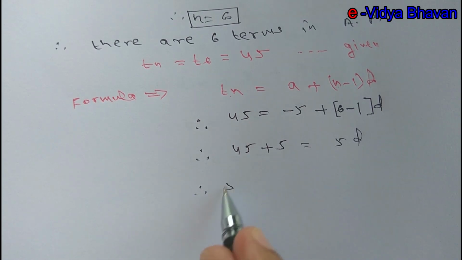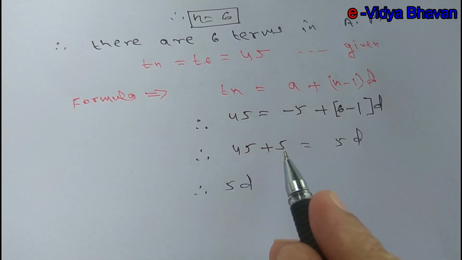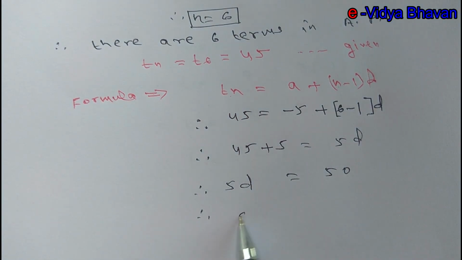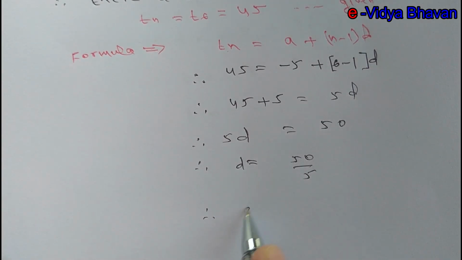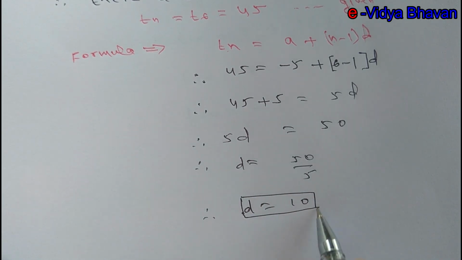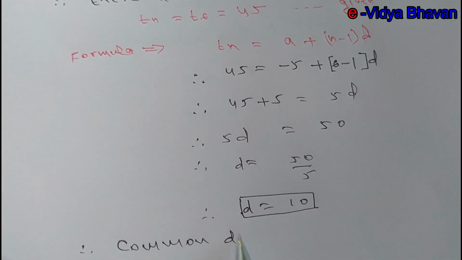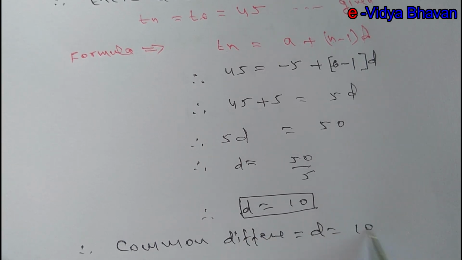Therefore, this 5d will write on the left side, and 45 plus 5 will become 50. Therefore, d will be 50 upon 5. Therefore, we can have further value d equal to 10. Therefore, we can say common difference equal to small d is equal to 10.